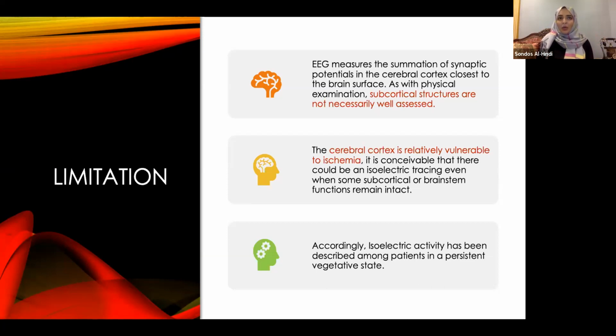With ischemia or hypoxia, there are certain areas of the brain that are very vulnerable to hypoxia. One of the most vulnerable areas are actually the pyramidal cortical neurons, right? And the most resistant to hypoxia is the brainstem. So the patient might have what we call a cortical necrosis. Unfortunately, I don't have a beautiful image.